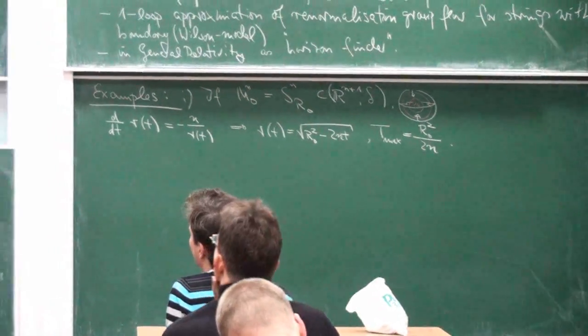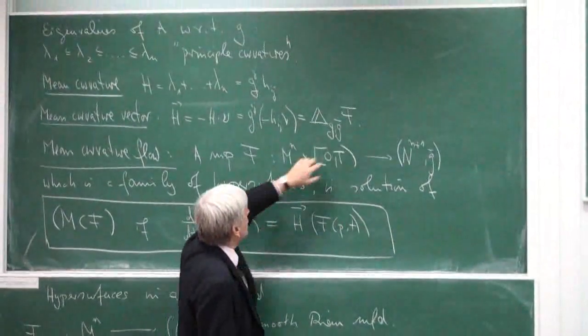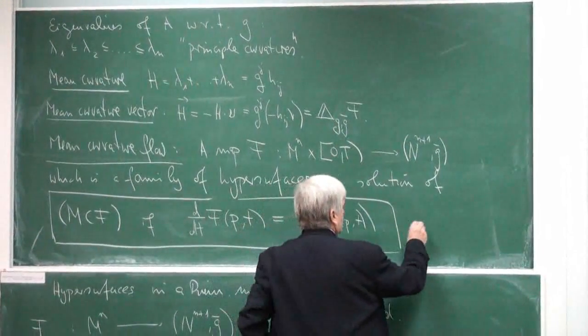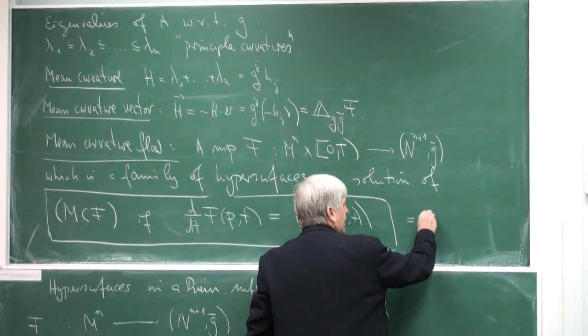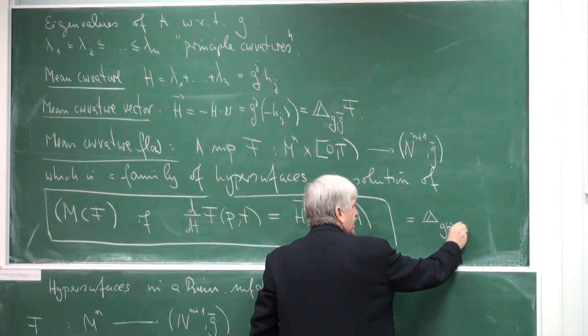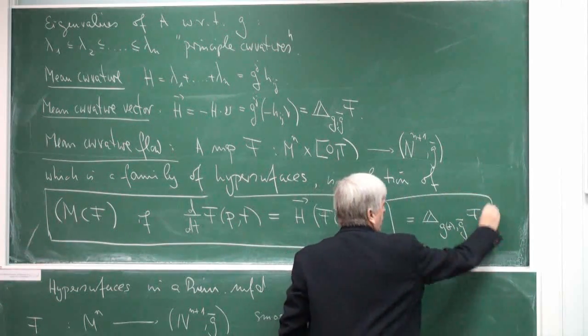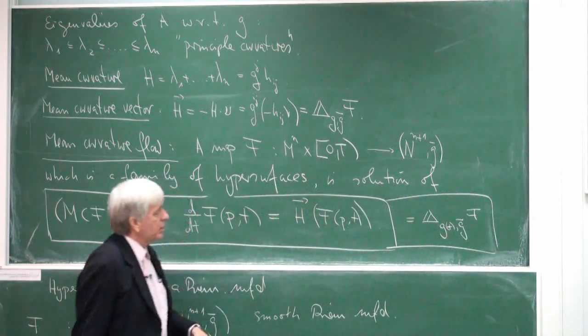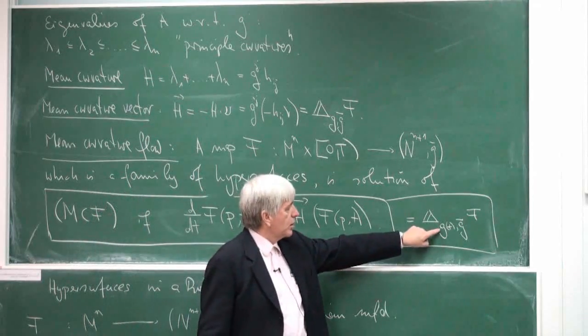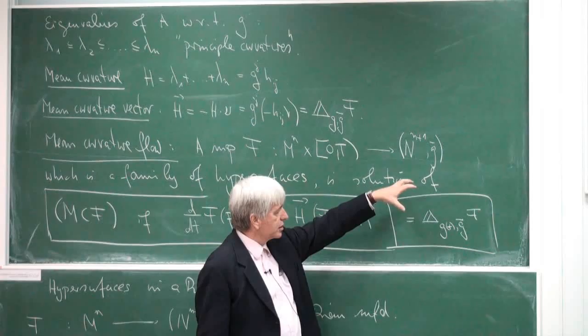Because here, this is the mean curvature vector with respect to the metric at time t. So this one here, this is the Laplace-Beltrami operator of the metric at time t inside the big manifold of F. So in harmonic map heat flow, this would not depend on t. This would be a fixed metric on your initial sphere.